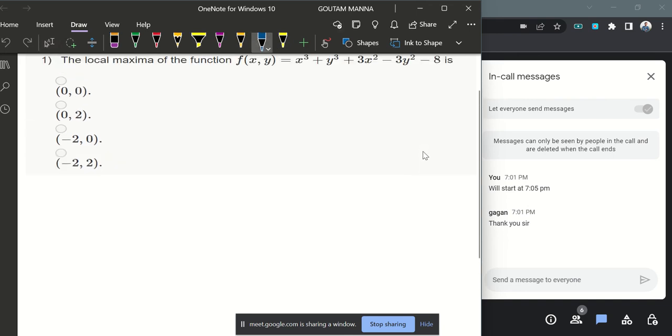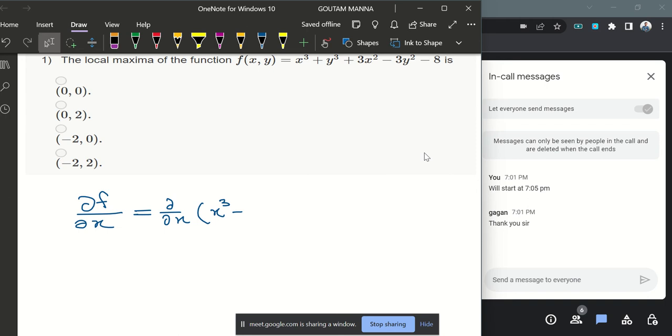we need to take the partial derivative. So del f del x equals del x of x cube plus y cube plus 3x square minus 3y square minus 8.